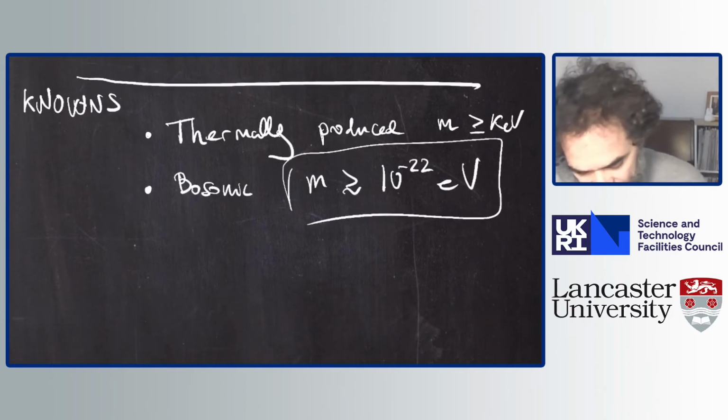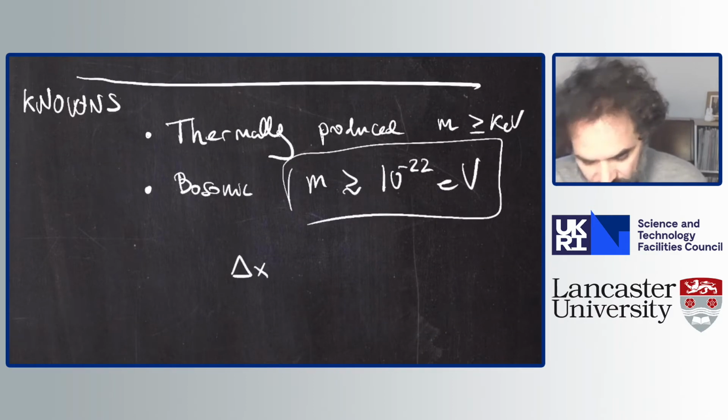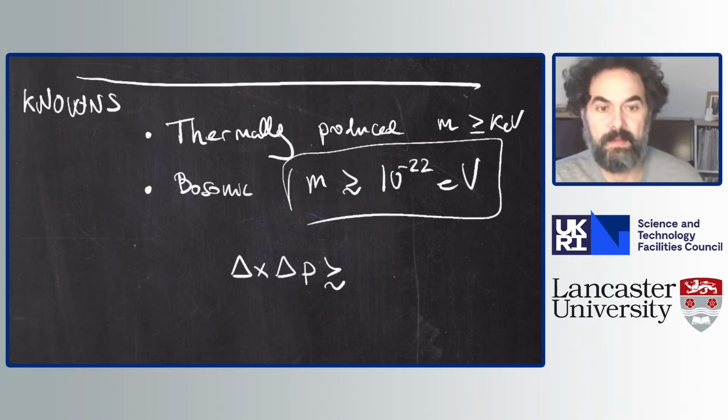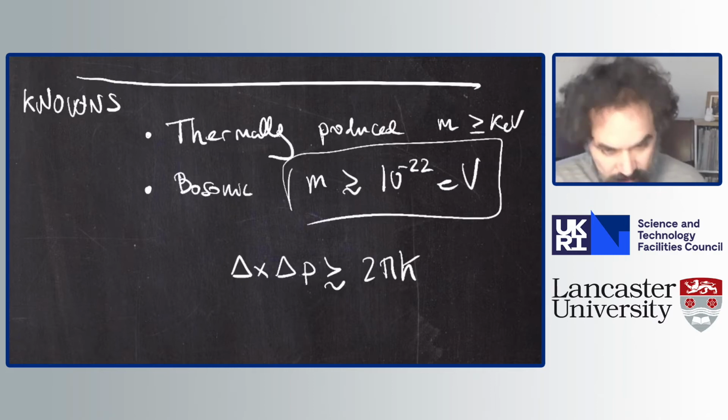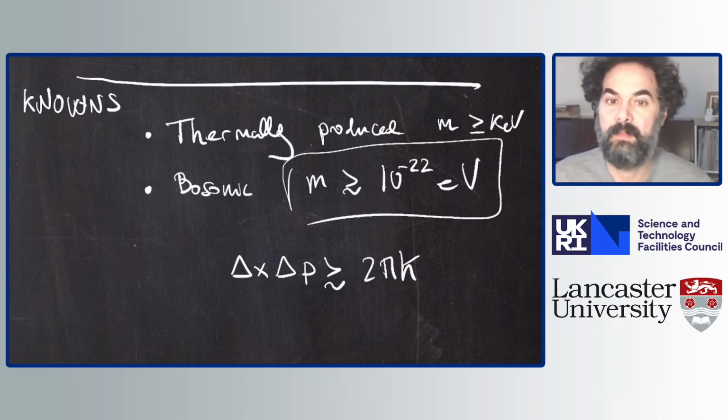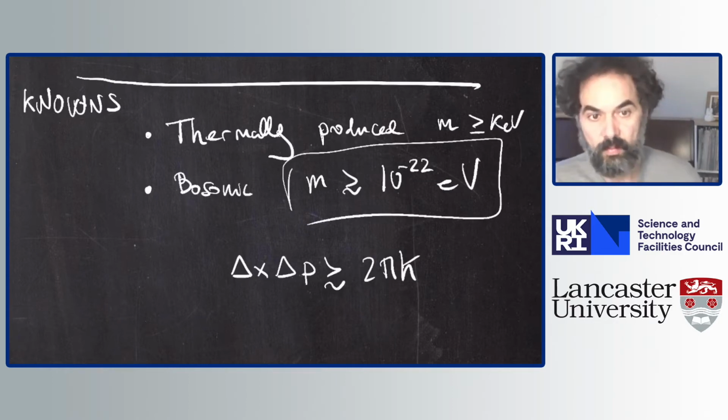Well, it comes from the fact that dark matter, as any other fundamental particle, has to satisfy the Heisenberg uncertainty principle, right? You can write it as you want, h bar. Let's just do h bar, for the sake of simplicity. Okay, let's put it like this, 2 pi h bar.